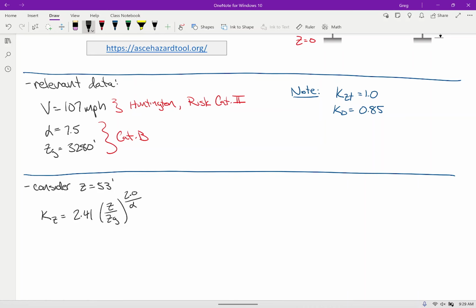So just to make sure it was crystal clear, I wrote that as 2.0. So this is going to be 2.41 times 53 feet over 3280 feet, raised to 2 over alpha, and our alpha is 7.5.